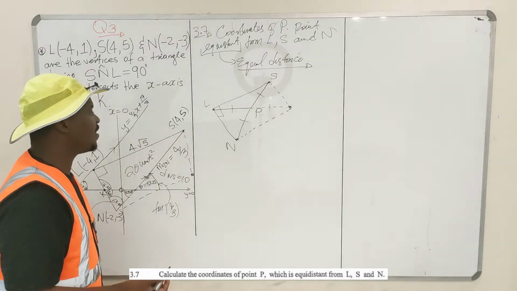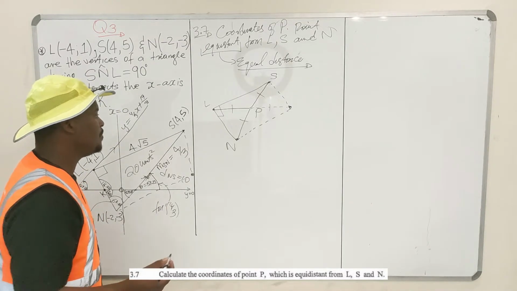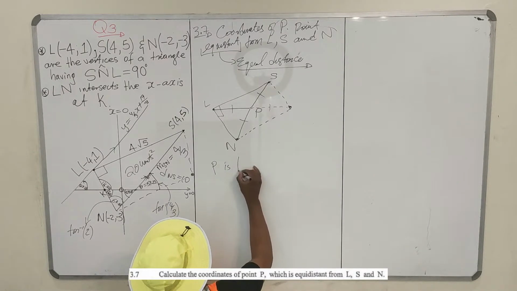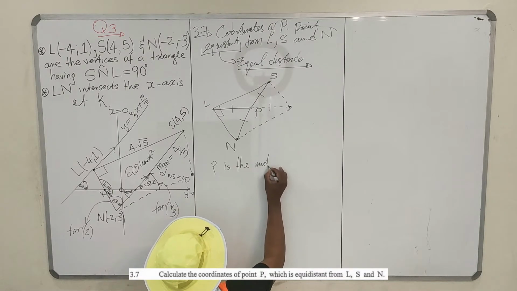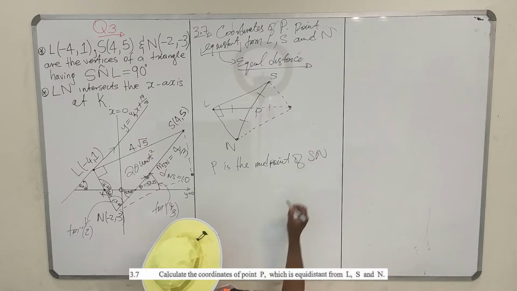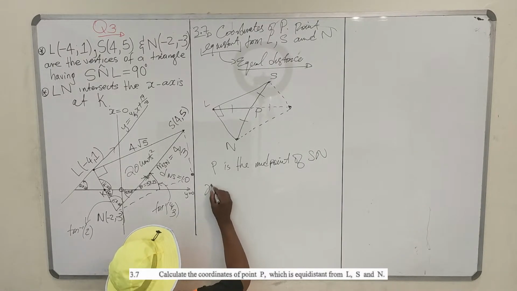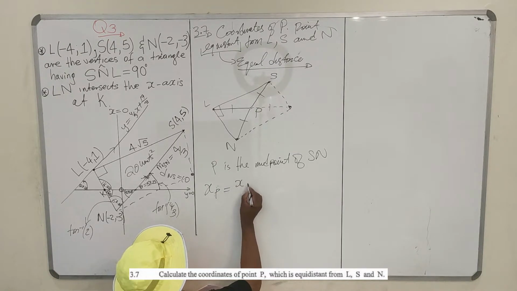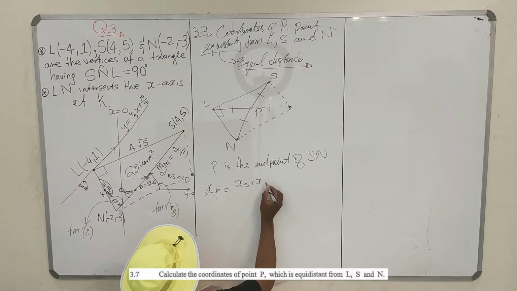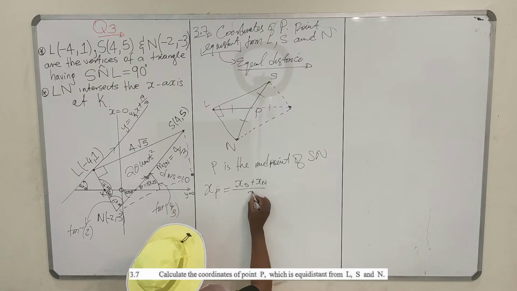Let's find our midpoint. P is the midpoint of what? Of SN. So the x coordinate of P is equal to the x coordinate of S plus the x coordinate of N, divided by 2.